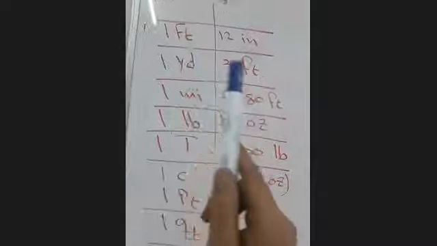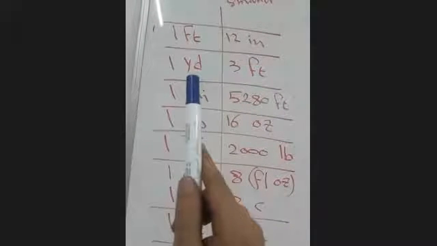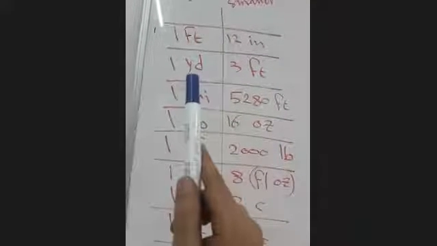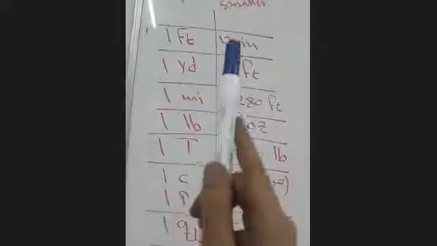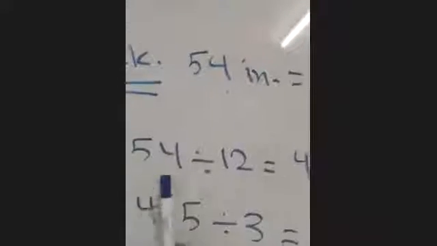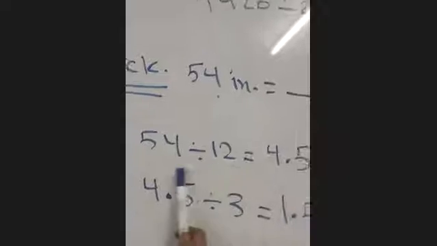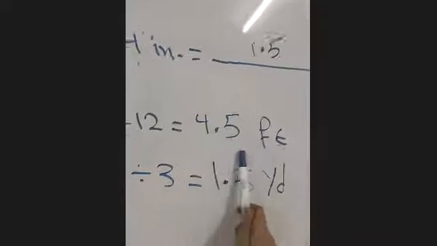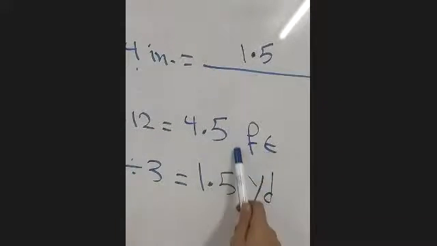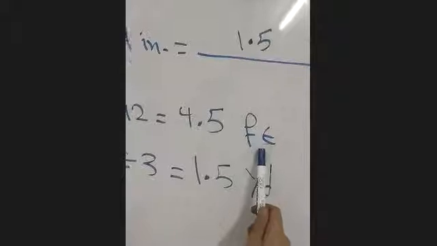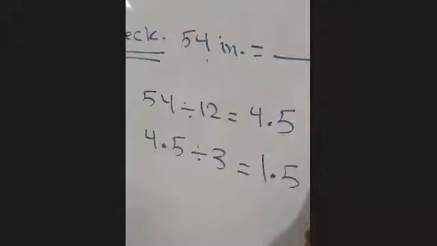After we turn it to feet, I turn the feet to what? Yards. Got it? So I turn the inch to feet. As you said, we divide by 12. Here I divided by 12. See it? Yes. And the answer is 4.5 what? Feet.